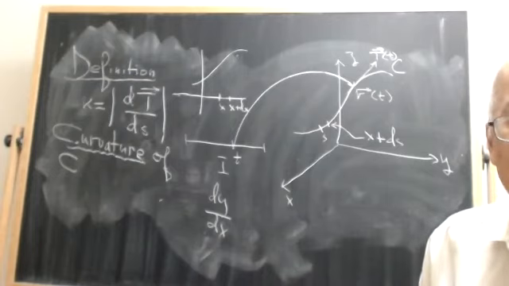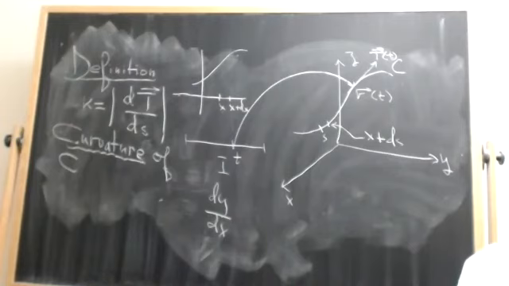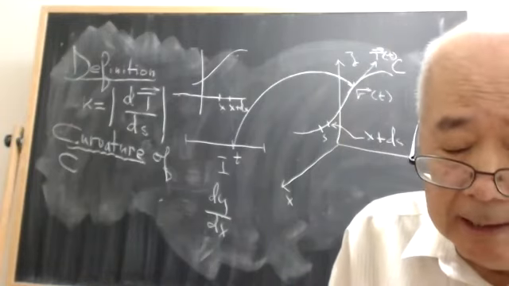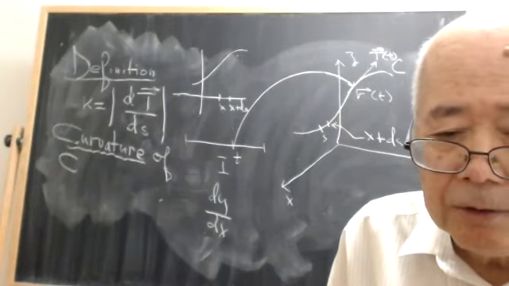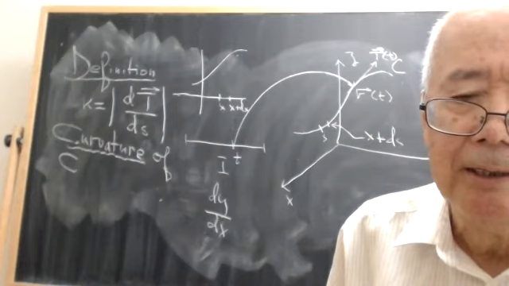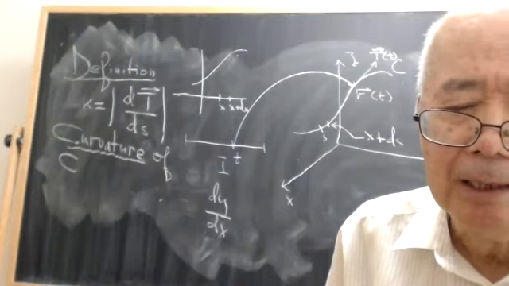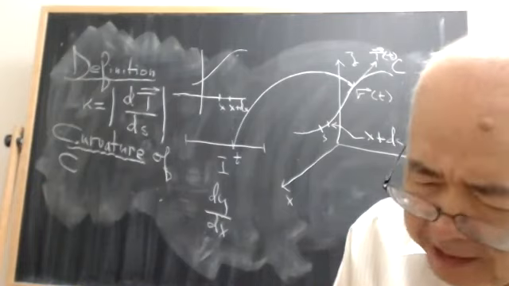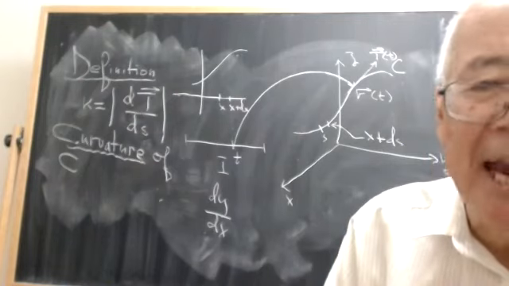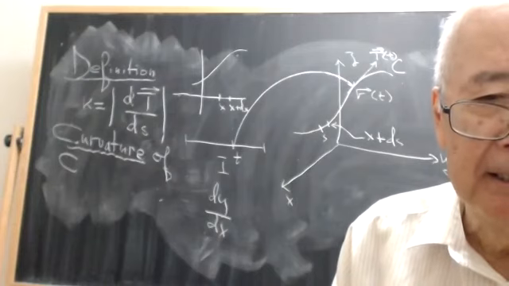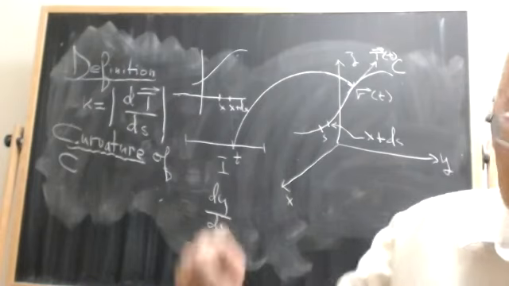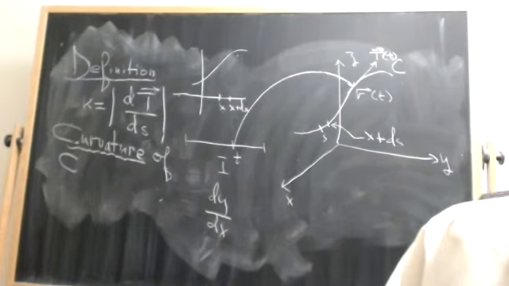That's the idea. You use the unit tangent vector to find the change in direction of the curve, or in other words, how the curve C bends when you increase the length of the curve.